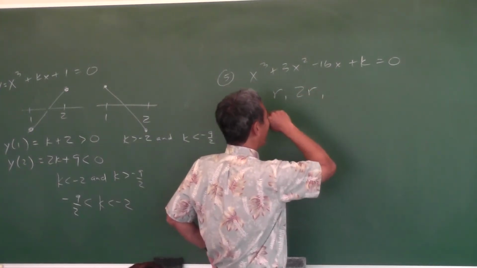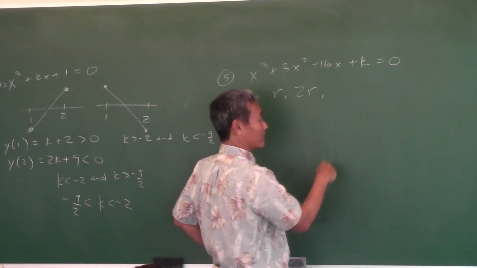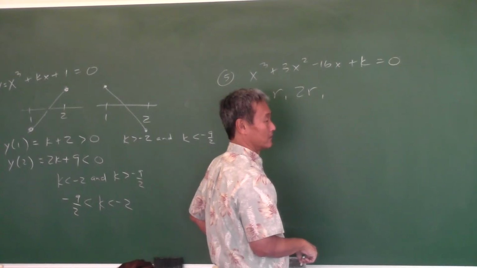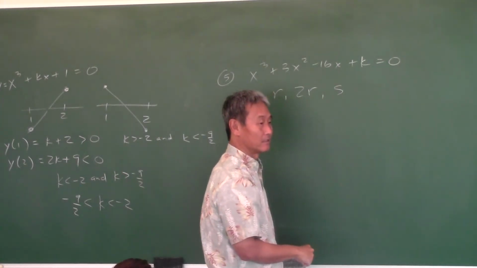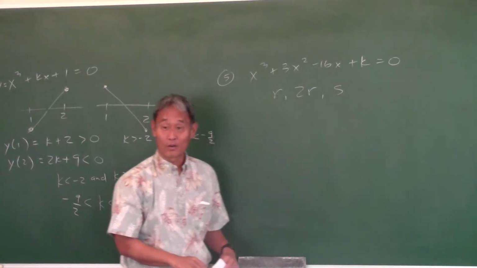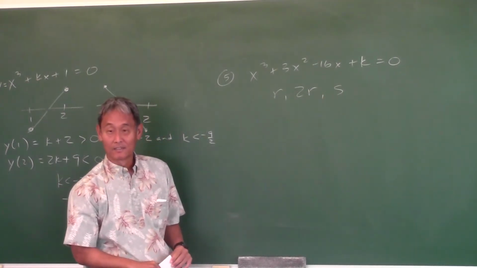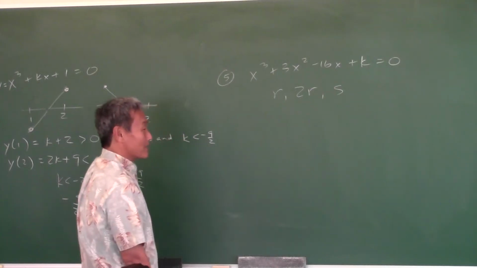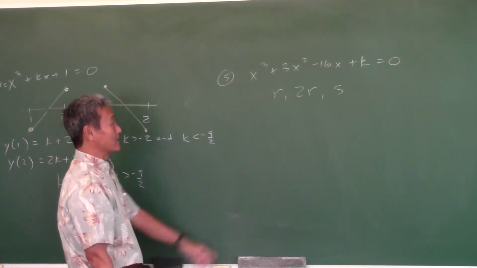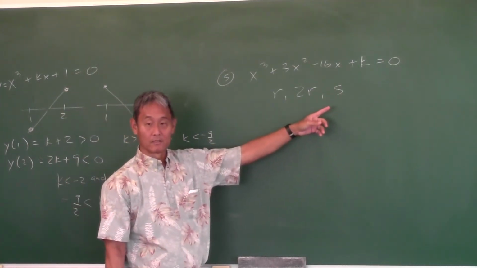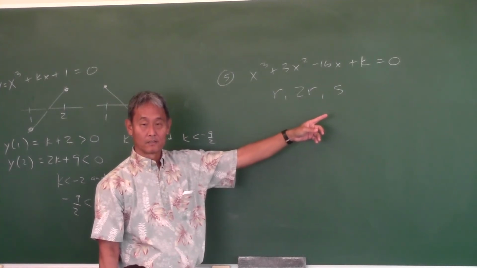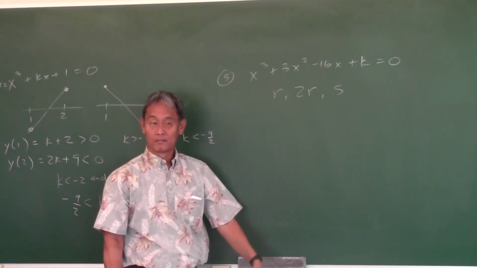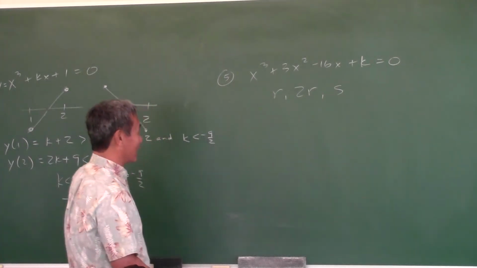How do I label the third one? Let's just call it S then. Mason, what would you label the third one? Negative 3 minus 3r. Yeah, there you go. Never forget the foresight.